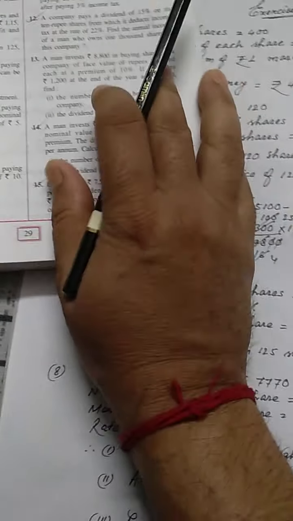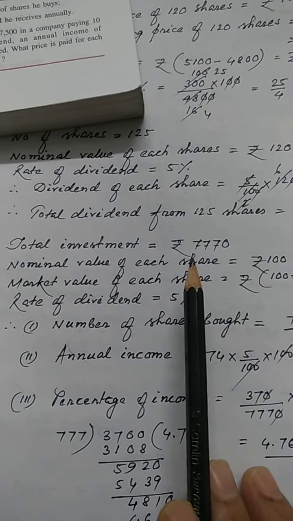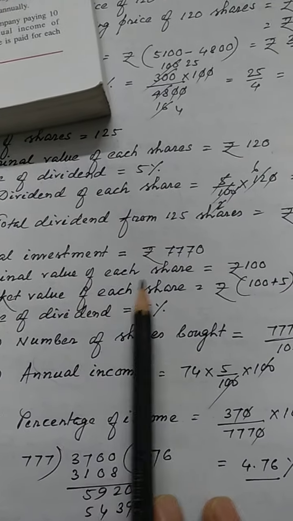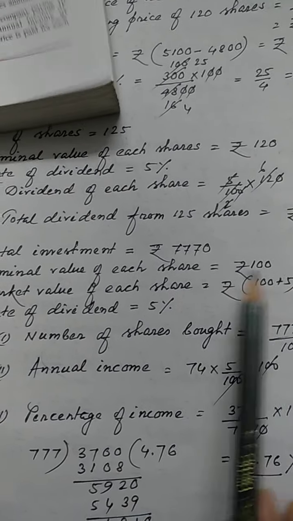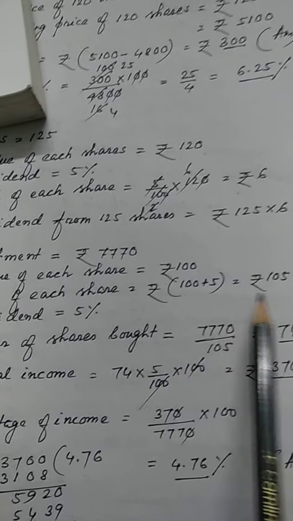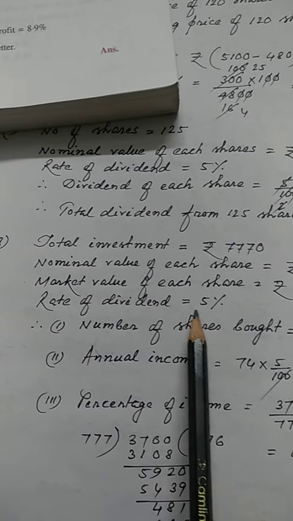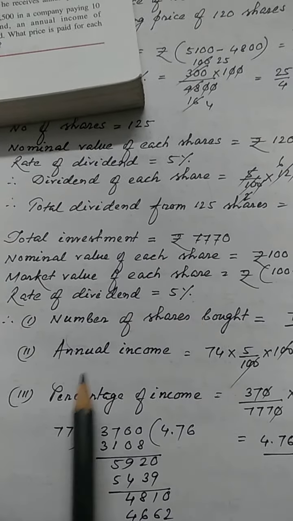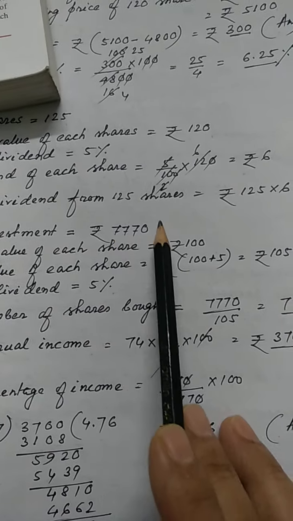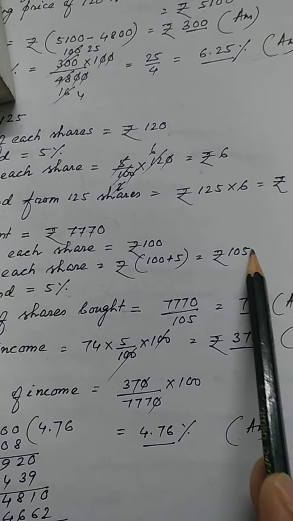Now see here, total investment rupees 7,770, nominal value of each share rupees 100, market value of each share rupees 100 plus 5, that is rupees 105, rate of dividend equal to 5%. So number of shares bought, that will be total investment divided by market value of each share.